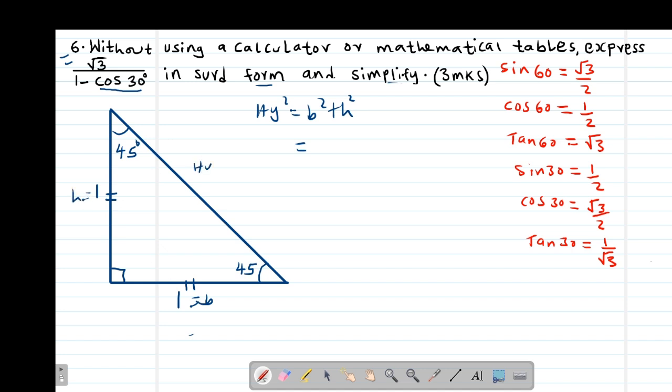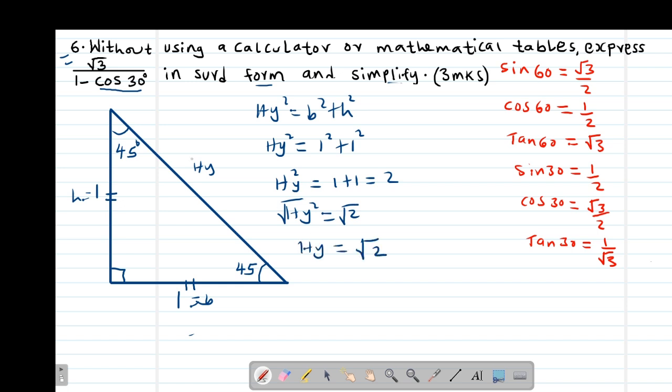So 1 squared plus 1 squared gives hypotenuse squared, which is 1 plus 1, equal to 2. If hypotenuse squared is equal to 2, taking square roots on both sides, the hypotenuse is the root of 2. Therefore, this side is equal to the root of 2.